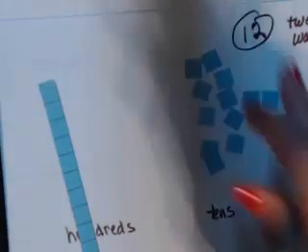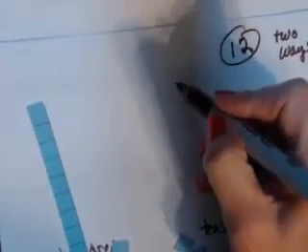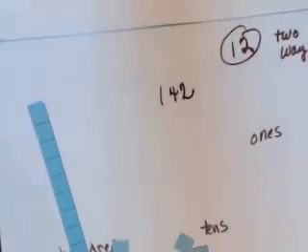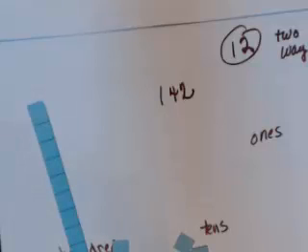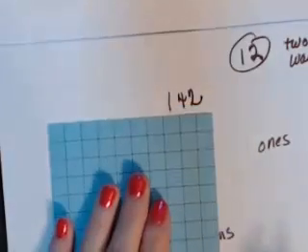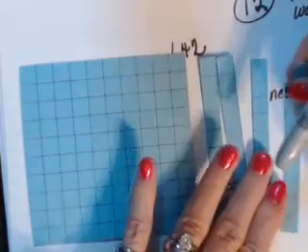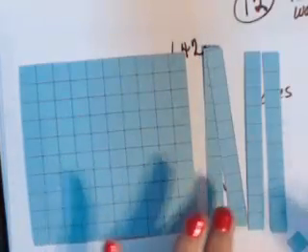Okay, let's say that you have the number 142, and I ask that you write that in two ways. Well, there are many ways that we could regroup this, but the typical way of writing 142 would be to have a flat, 4 longs, and 2 units.